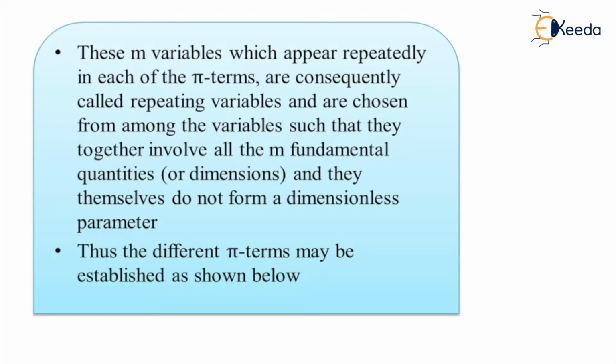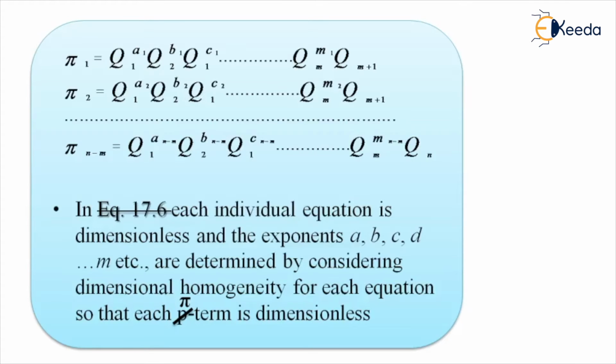Thus, the different pi terms may be established as shown below. Here, we have pi 1 is equal to q1 raised to a1 into q2 raised to b1, q3 raised to c1, ..., qm raised to m1, and the last one is qm plus 1.